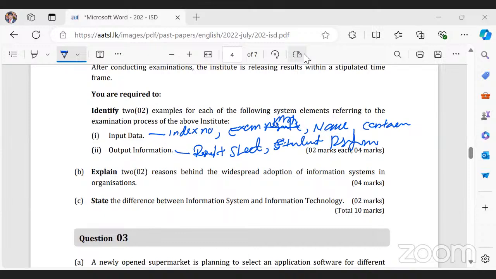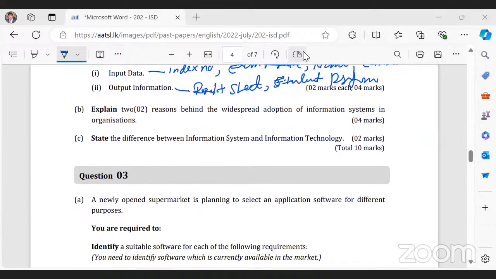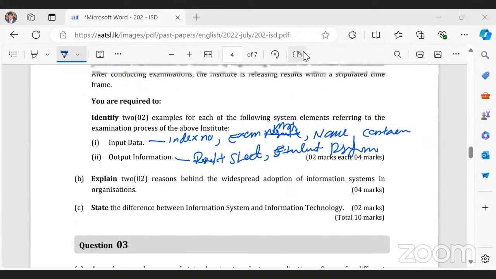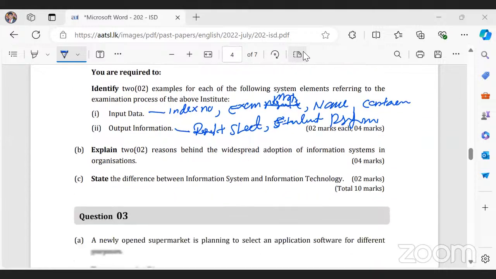You have to just indicate 2 differences. That is enough. Even 1 difference is enough. You are given only 2 marks. This type of question is there in all papers as number 1. Just go through those.